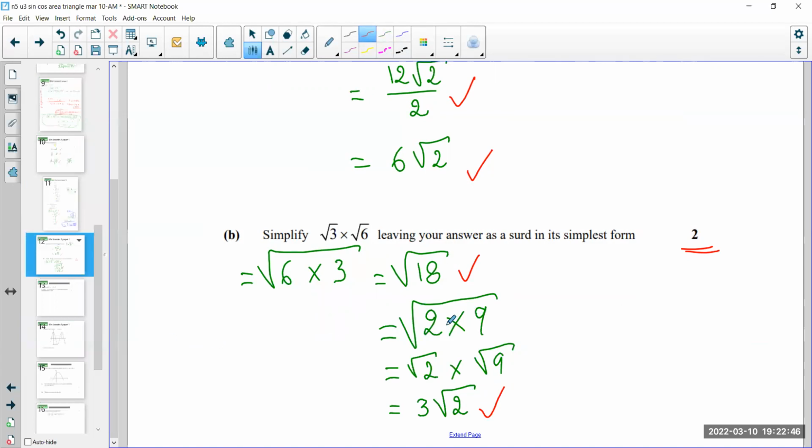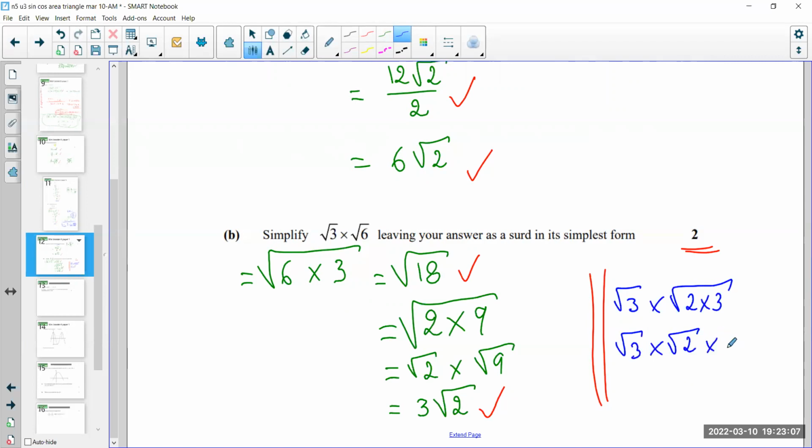Any questions? Maybe someone might say, but I could have got this in a different fashion. Yes, you can. Imagine you had decided, I'm going to break down 6. That would be √3 times √2 times √3. √3 times √3, that's 3.